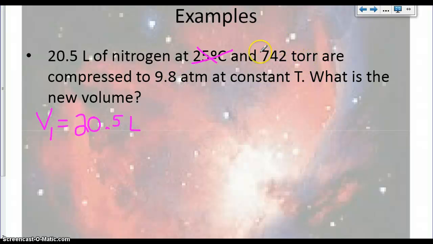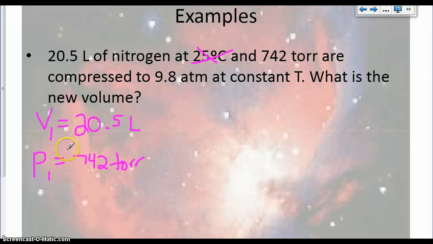Then we have 742 torr. 742 torr is pressure, so that is going to be our P1. It goes with P1 because it's associated with the first volume. Then this is compressed to 9.8 atmospheres.